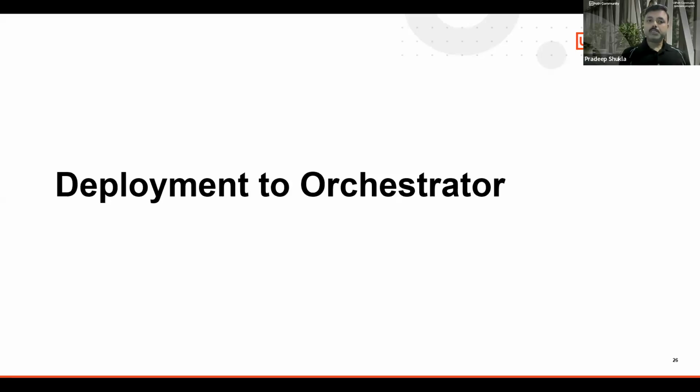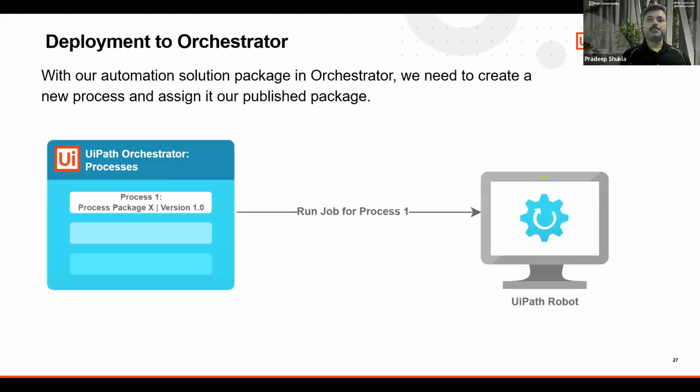Now the publish is done. So the next step is how you deploy it. Publishing and deployment go hand in hand in a development environment. But when we go to a test environment or production environment, that's where deployment becomes very crucial for a successful deployment of the process.